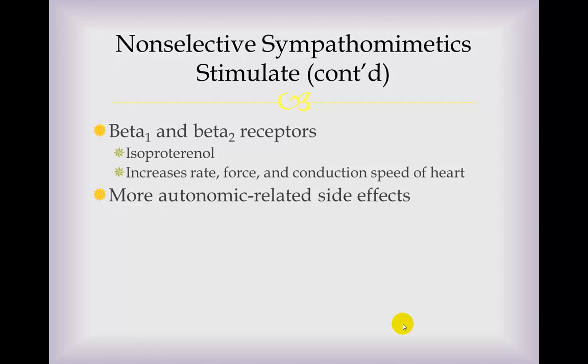With non-selective sympathomimetics, we're going to see more autonomic-related side effects because they're not stimulating just a single receptor. So we're going to see constipation, urinary retention, problems with glaucoma. All of those things we're going to see because we're using a non-selective sympathomimetic.